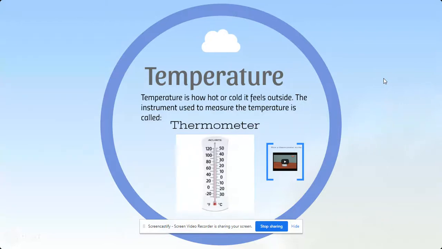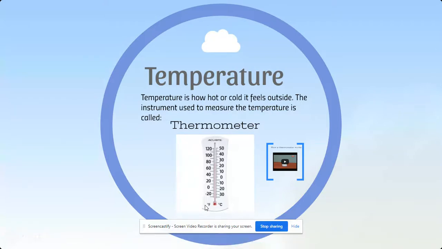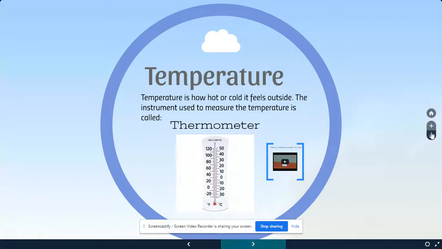All thermometers measure the temperature, and you can measure in degrees Fahrenheit or degrees Celsius. Typically, we use degrees Fahrenheit in the United States. Scientists often rely on degrees Celsius, and in other countries they might measure in Celsius more often than we do. However, you will typically hear temperature talked about in degrees Fahrenheit.